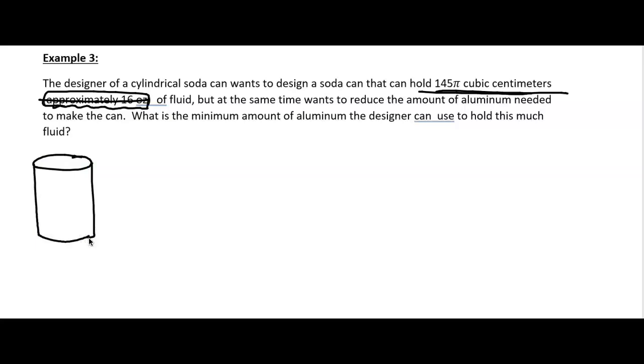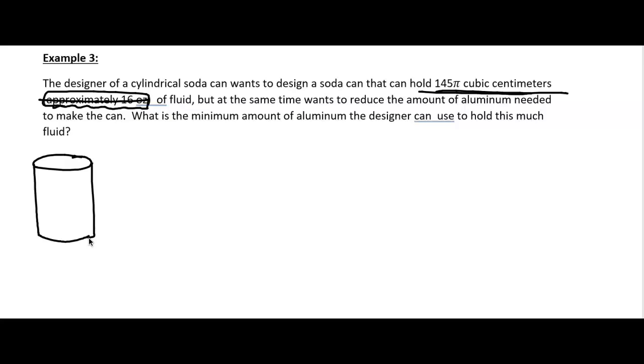But at the same time, the maker of this can wants to make sure that he or she is reducing the amount of aluminum that they need to make the can, because that'll make production cheaper. You don't want to spend more money than you need to, right? So the question is, what is the minimum amount of aluminum that the designer can use to hold this much fluid? All right, so now this problem's a little bit tougher.